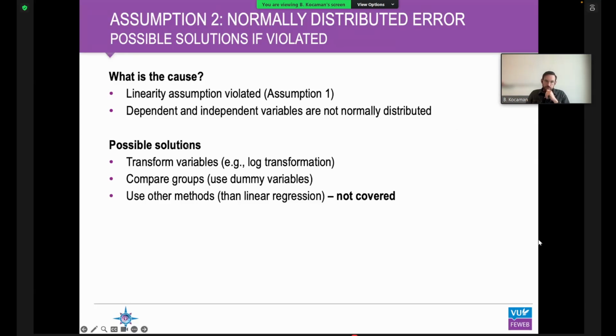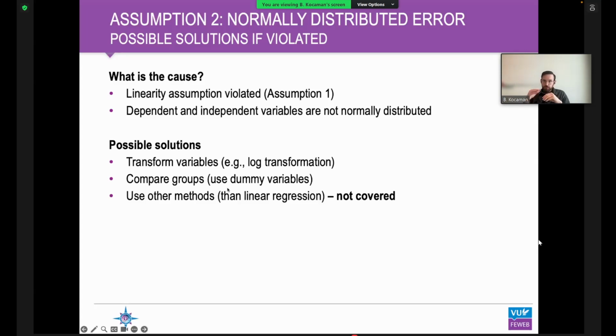And the solutions here would be, again, you can try transformations, for instance, log transformation, or in some other cases, we can use dummy variables if we have groups in the data. Transforming variables can be a go-to option, but comparing groups happens if we really have groups in our data.